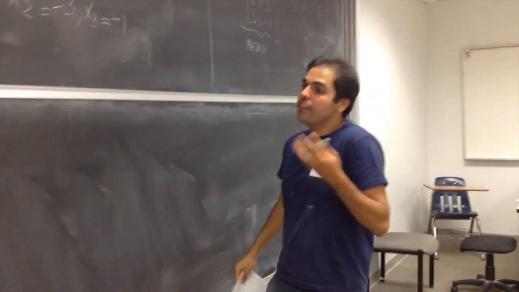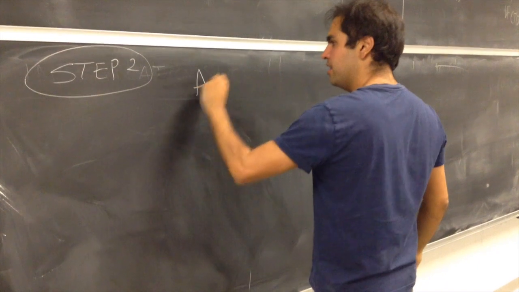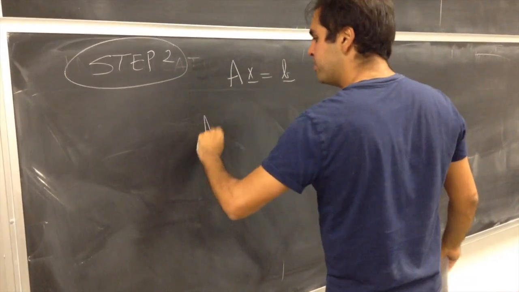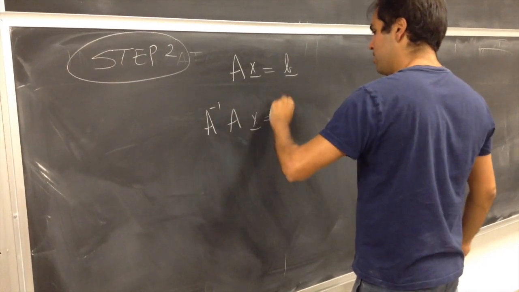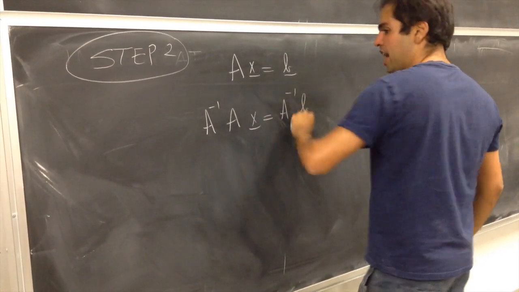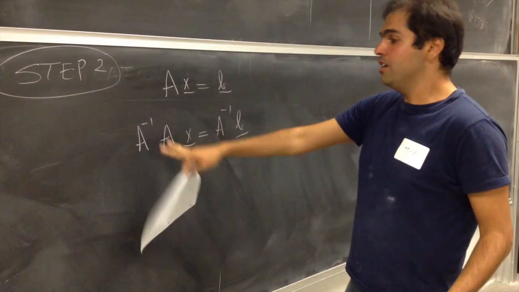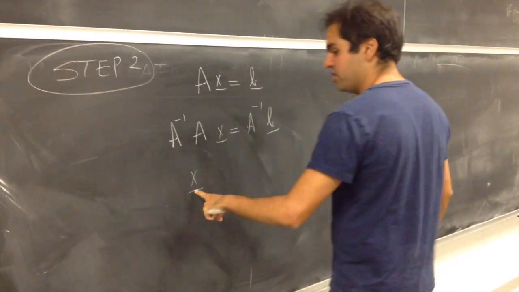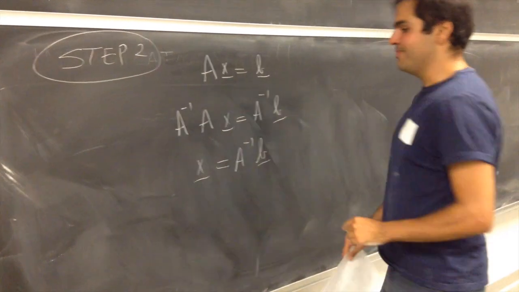And that would be useful because if 1 over A exists, then you can start with this equation and multiply both sides by 1 over A. Remember, 1 over something times something is 1, provided that something is non-zero. And 1 times x is just x. So you get x equals A inverse B.